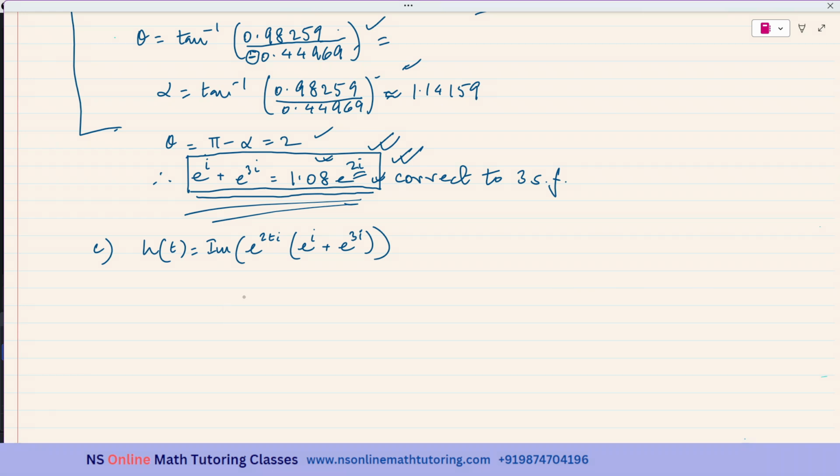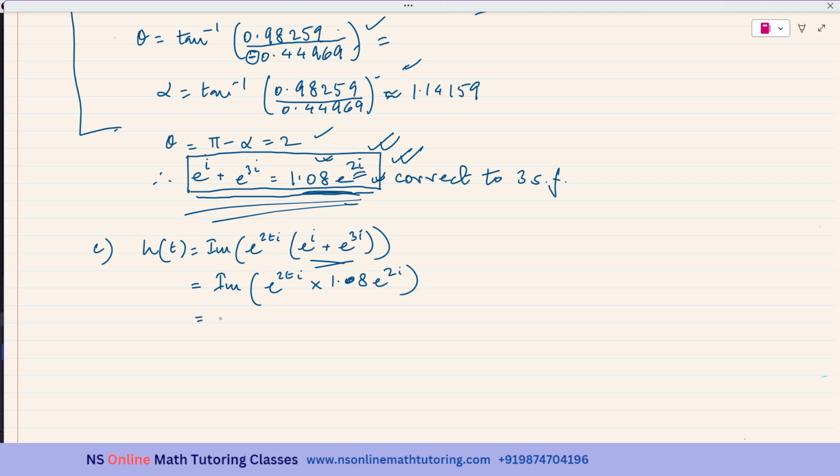So we can write this polar form instead. So this is equal to the imaginary part of e to the power of 2ti times 1.08 e to the power of 2i.